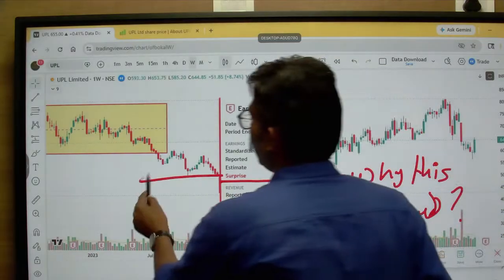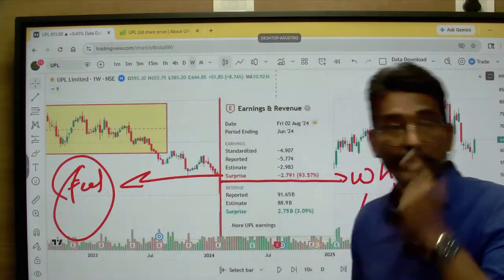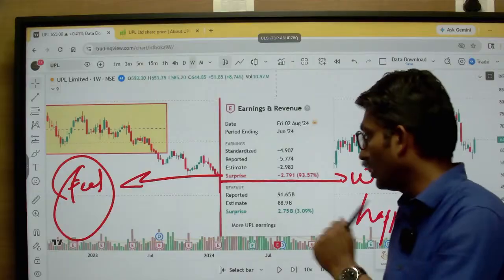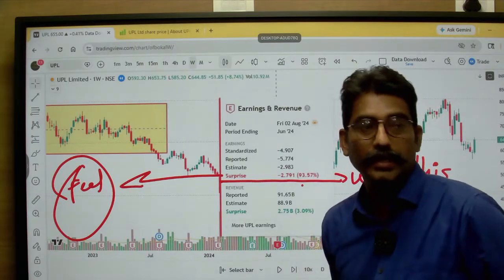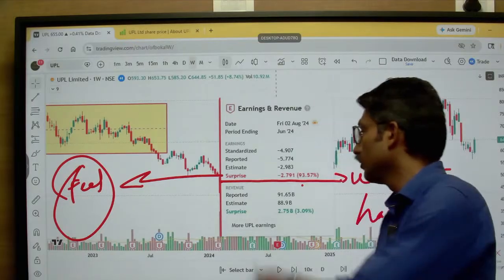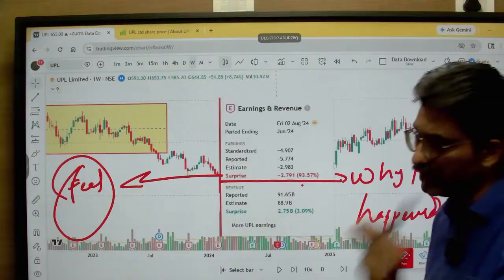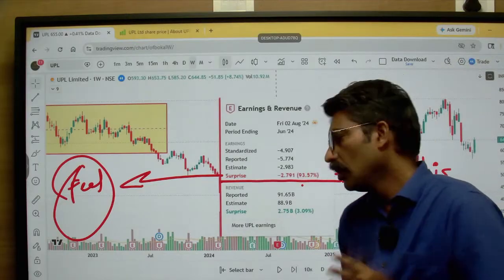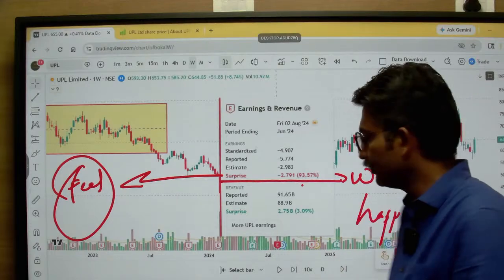You have to feel this number, not just read it. There is a difference. You will leave no stone unturned to check and understand why this turned negative, until you are able to pinpoint one or two factors.